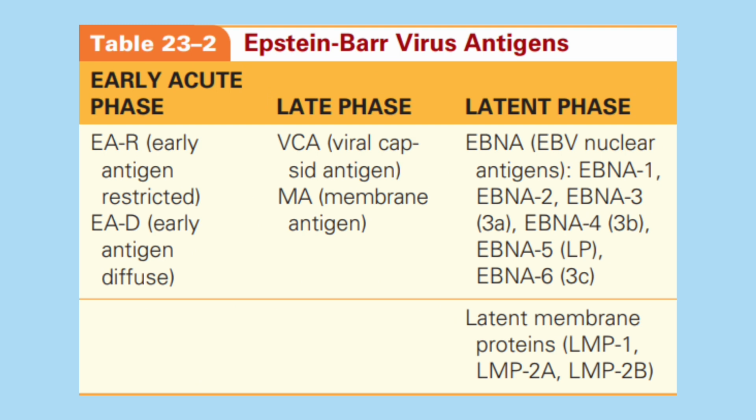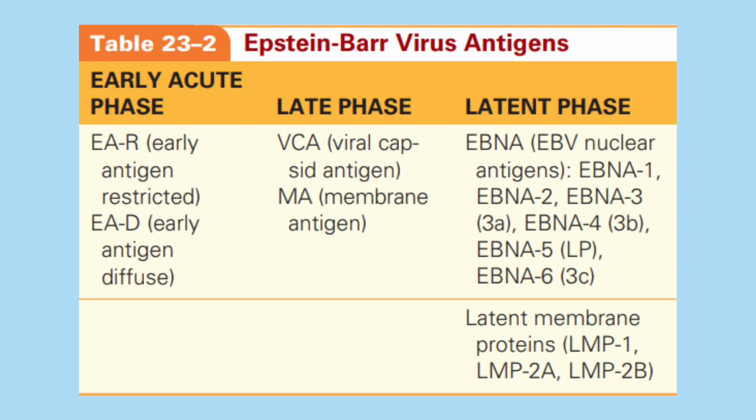So the late antigens ng EBV are those that appear during the period of the lytic cycle following the viral DNA synthesis. So these include the viral capsid antigens or the VCAs and the protein capsid and the membrane antigens in the viral envelope.